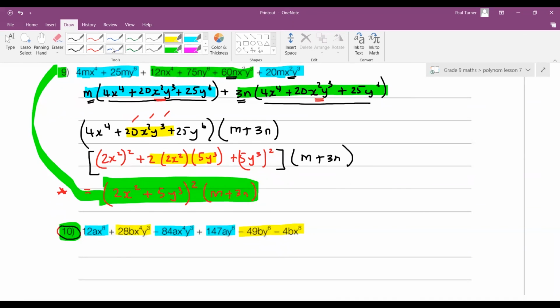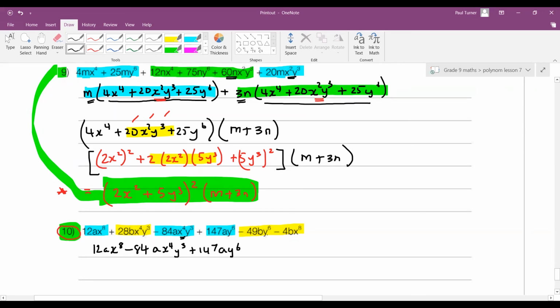So put your blue ones together. So you have 12a x8. I would put the combined variable in the middle, so minus 84 ax4 y3, and then the last one, 147 a y6.